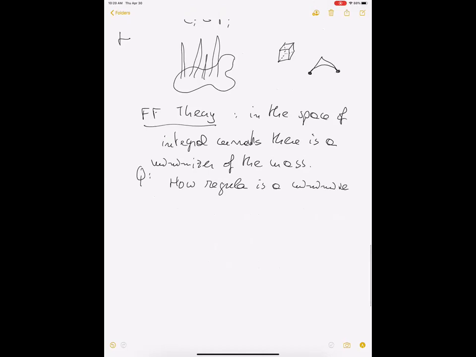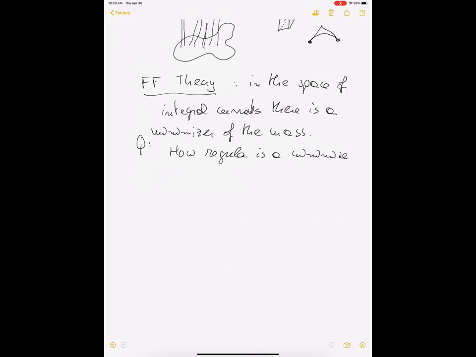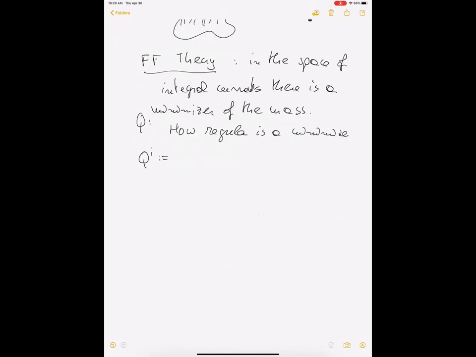And of course, you have two different types of questions in here. So you have the interior question. In the interior question, you would like to say how regular is a minimizer away from the fixed boundary.